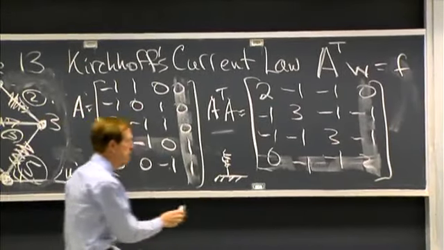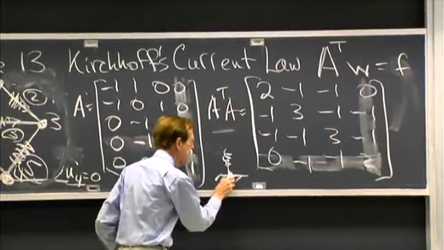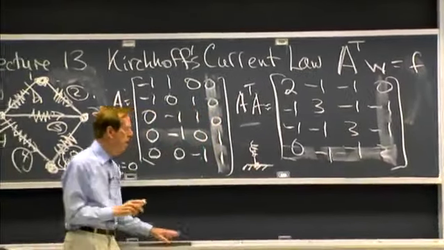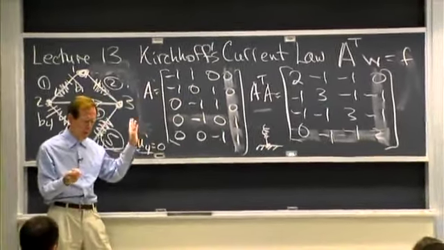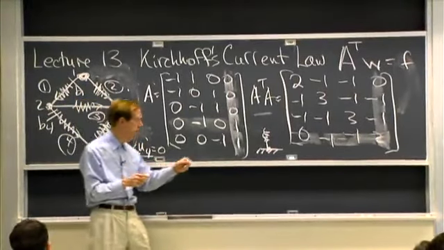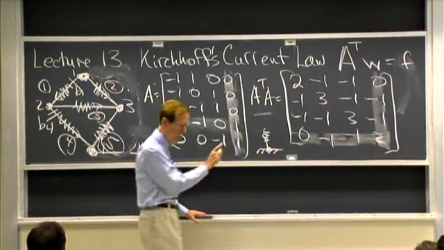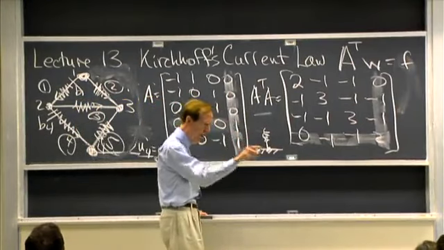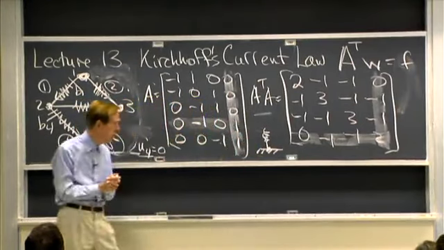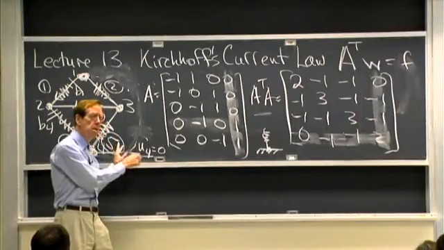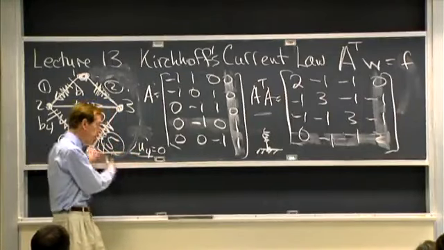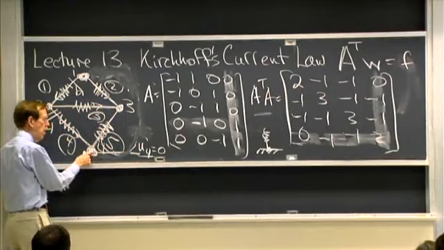And now what happens when I fix this? I'm asking you to think back about the force balance, which we certainly saw was an A transpose W equal F business. And then parallel will be the current balance at that node.